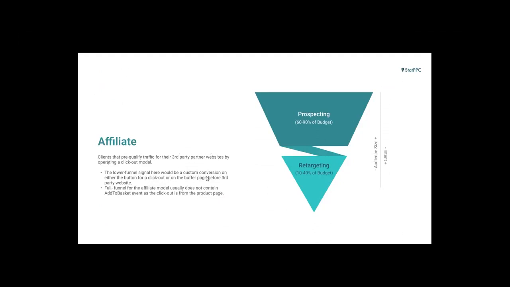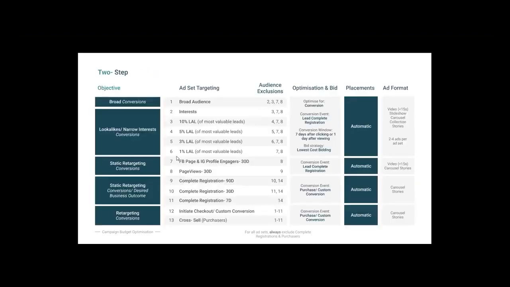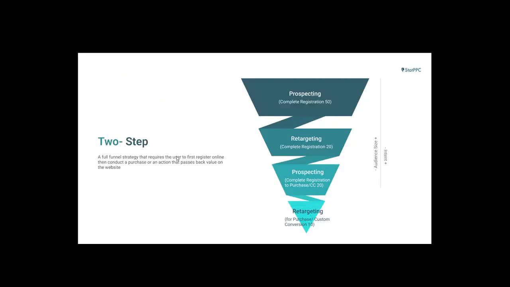If you are promoting another brand, you can use this funnel, but in the case of SaaS, we won't be needing this. Similarly for branding campaigns, we don't necessarily have much conversion setup, it's just brand uplift. So I'll focus more on the 2-step funnel, because this is the most valid funnel strategy for SaaS businesses.